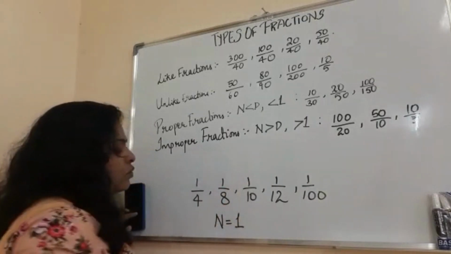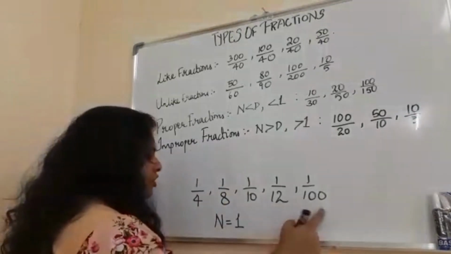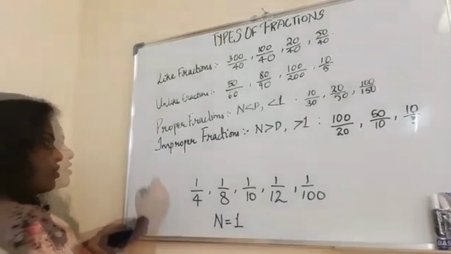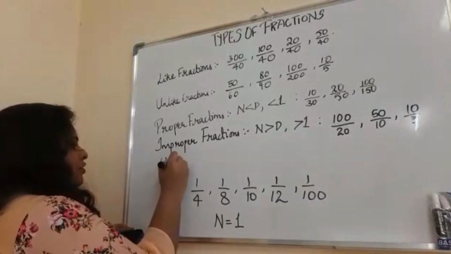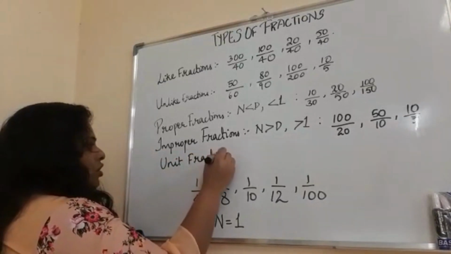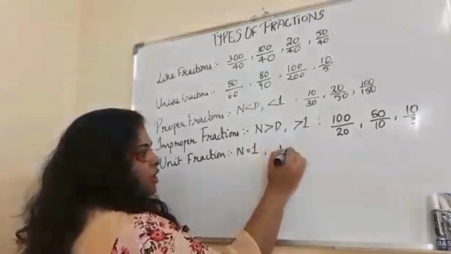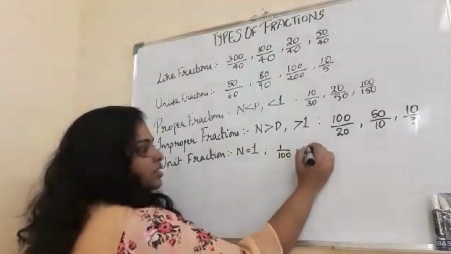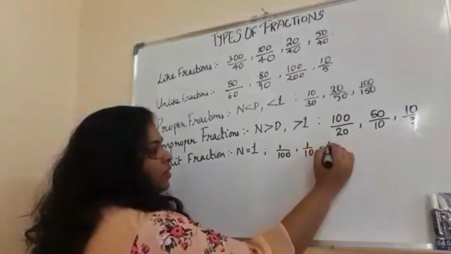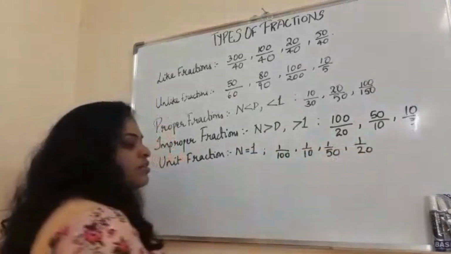If you have 1 as the common numerator in all the fractions, such kinds of fractions are known as unit fractions. That is, all the numerators will be equal to 1: 1 by 100, 1 by 10, 1 by 50, 1 by 20 and so on.